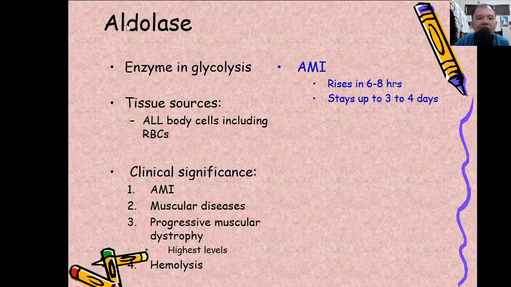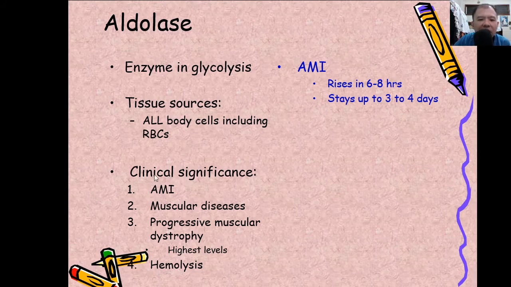Aldolase, again, is another enzyme involved in glycolysis. The sources of which are almost all body cells. That's why it's never specific nor sensitive. And you have clinical significance.